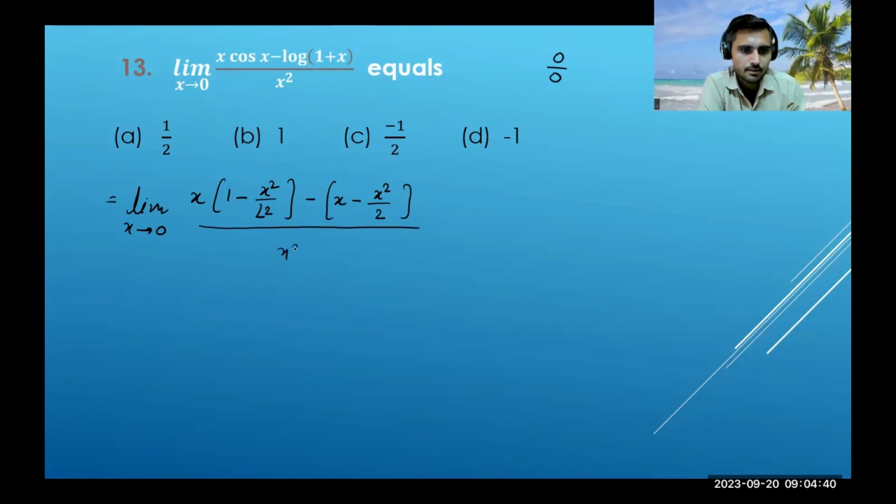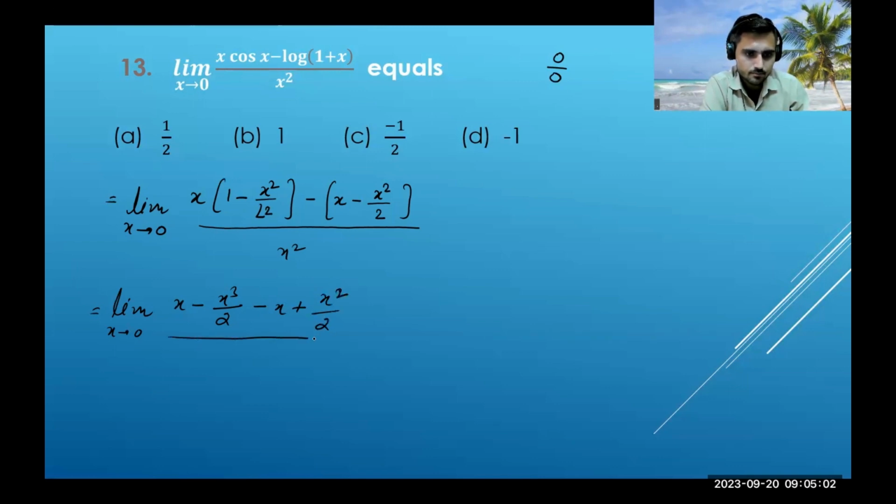And now we have x square, so it will be very simple. I think it's pretty simple, and we can solve it. We'll multiply x minus x cube upon factorial 2, which is also 2. And now minus x and plus x square upon 2, right?